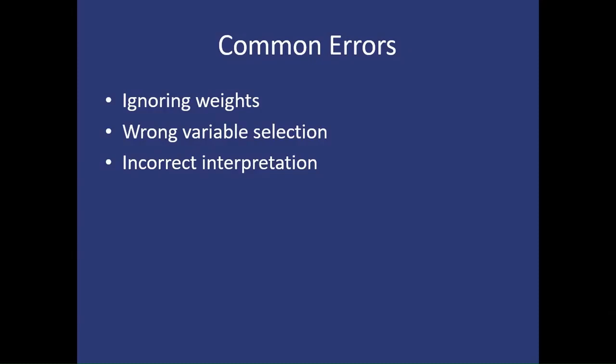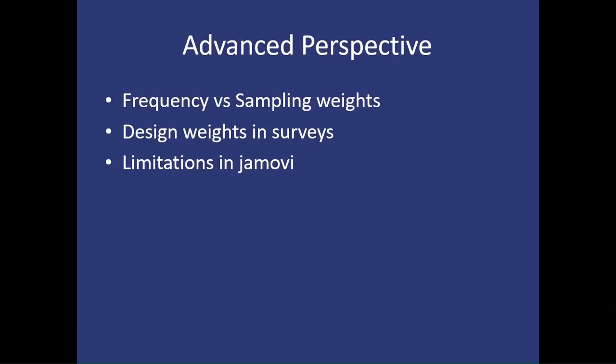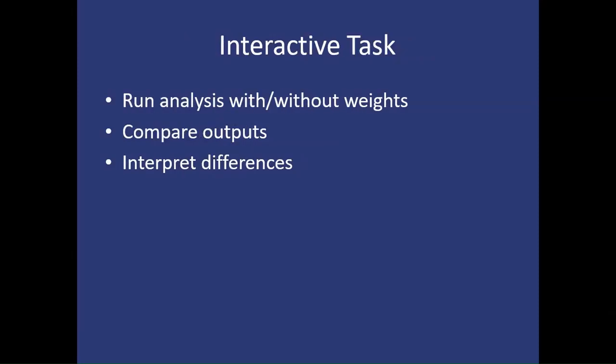These errors can significantly affect conclusions. We distinguish between frequency weights and sampling weights. Jamovi primarily supports frequency weights. I encourage you to perform analysis with and without weights and compare the results for better understanding.